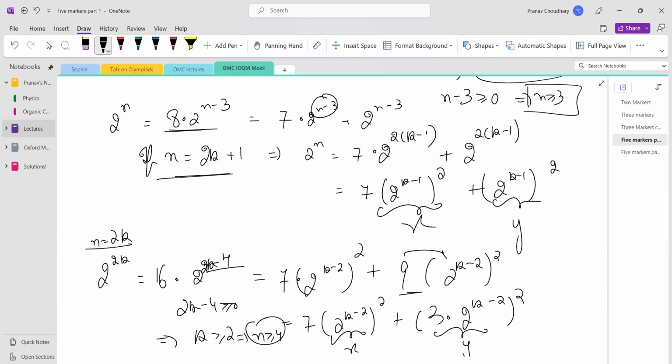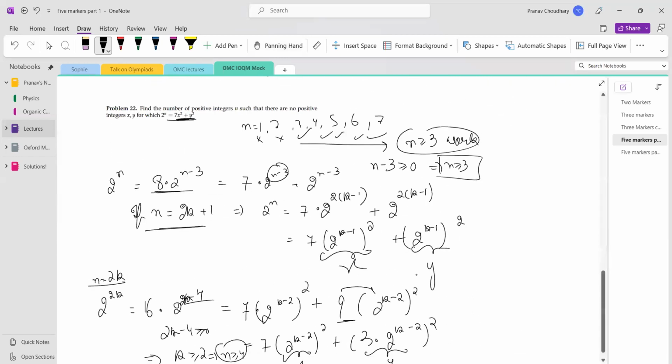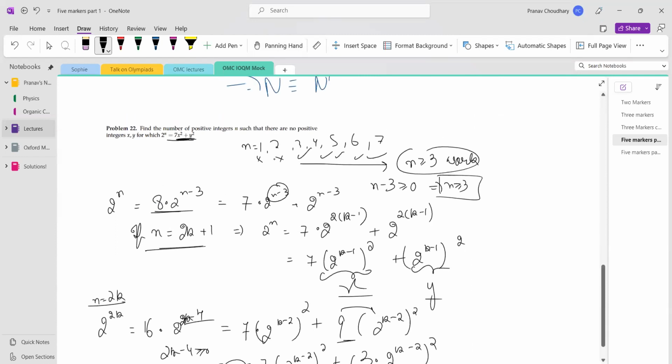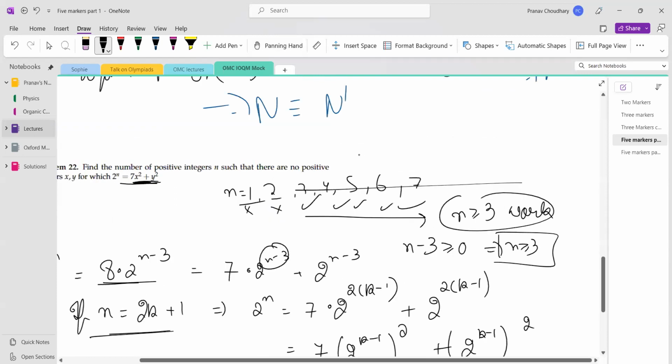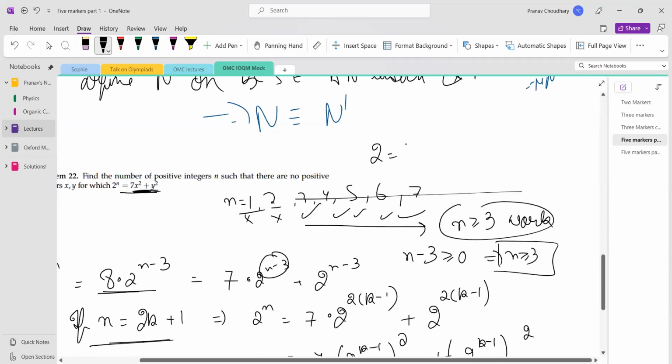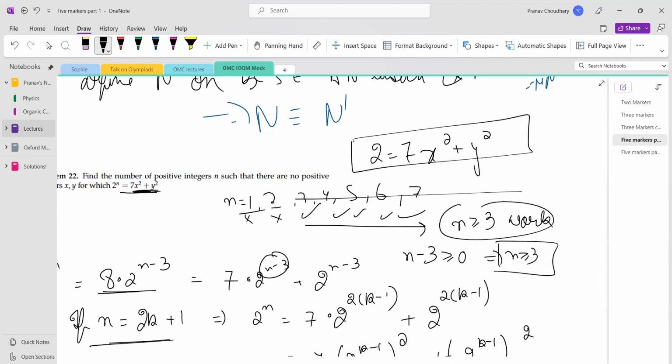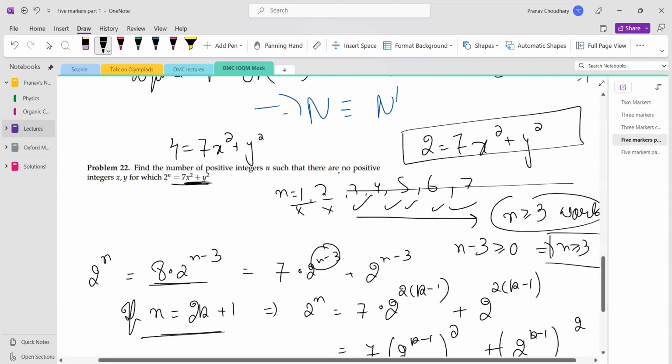So for all n greater than or equal to 3, I showed you that there exist x and y, right? So there's a solution for all of these. Now 1 and 2 are left, right? For n equals 1, 2 equals 7x squared plus y squared. Obviously, you can check no solution exists. And for n equals 2, 4 equals 7x squared plus y squared.